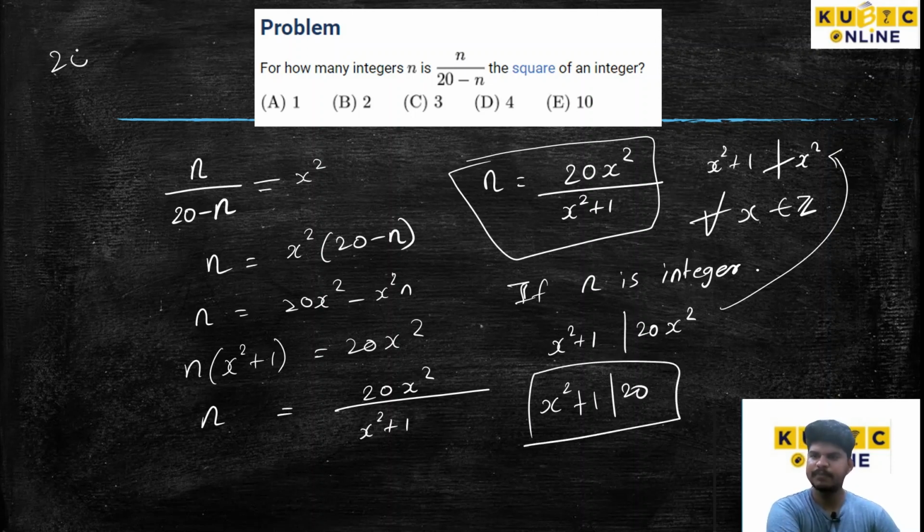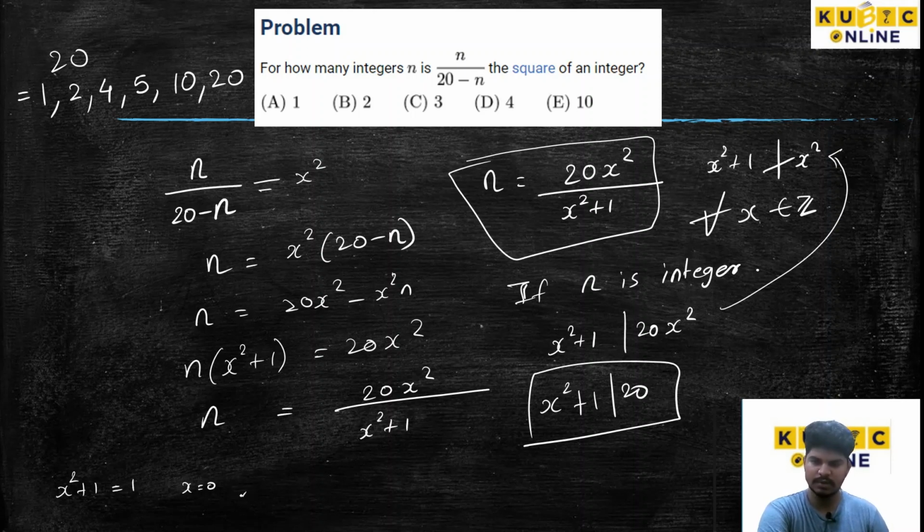Now, what are the factors of 20? Factors of 20 are 1, 2, 4, 5, 10, and 20. So x square plus 1 can be any of these. x square plus 1 is equal to 1, x is equal to 0. x square plus 1 is equal to 2, x is equal to 1.